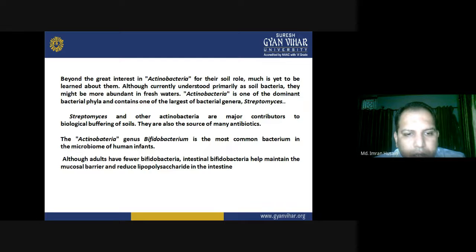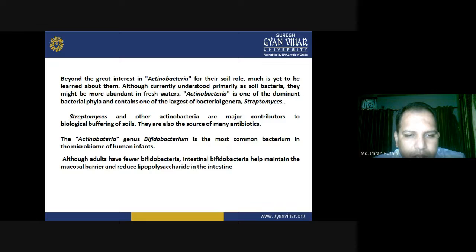The Actinobacteria genus Bifidobacterium is the most common bacterium in the microbiome of human infants. So, they are commonly found in the microbiota or microbiome of human infants.